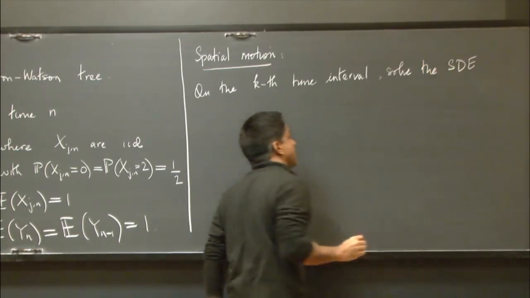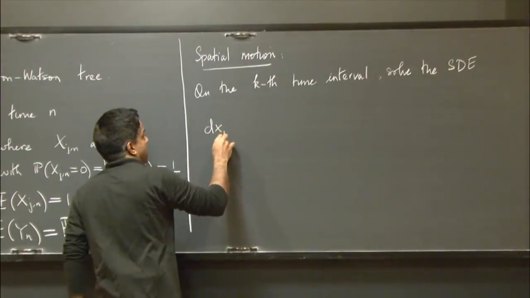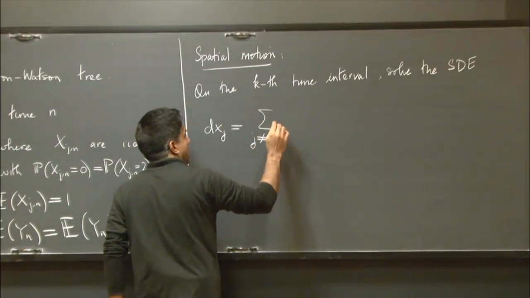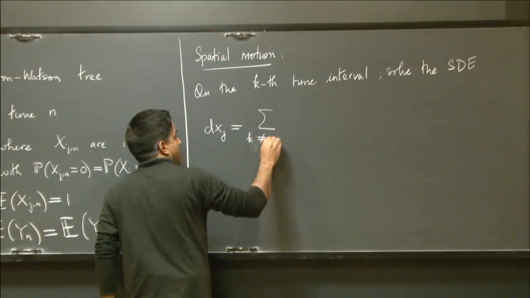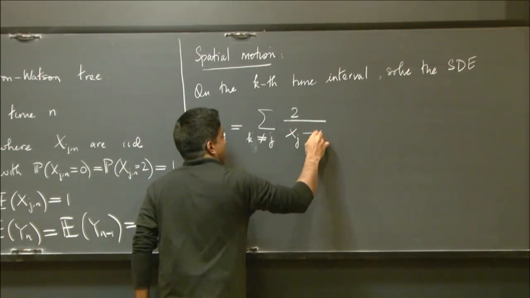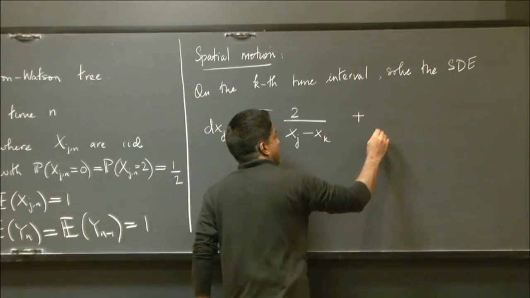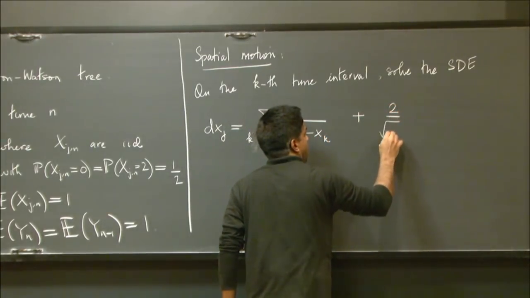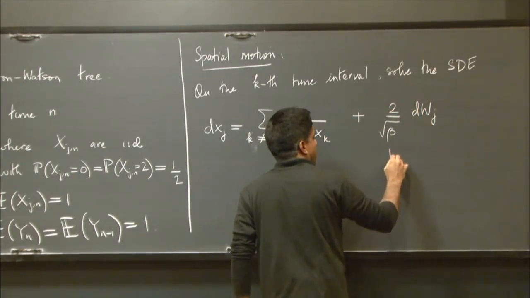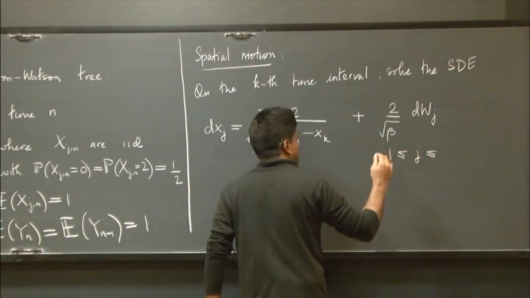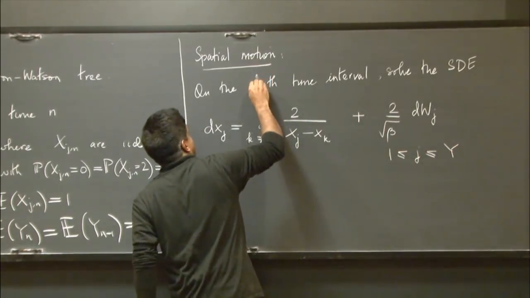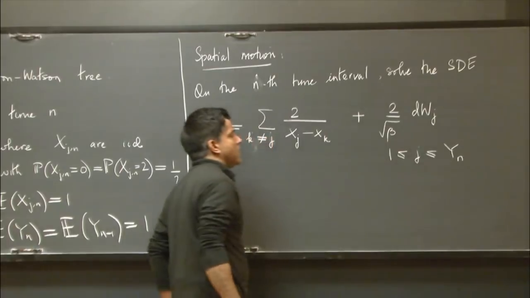So I'm going to solve the stochastic differential equation, which is dX_j, with the sum over k not equal to j of X_j minus X_k, plus 2 dB of W_g.